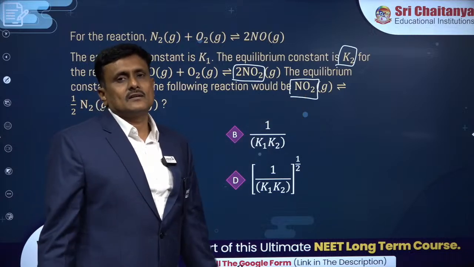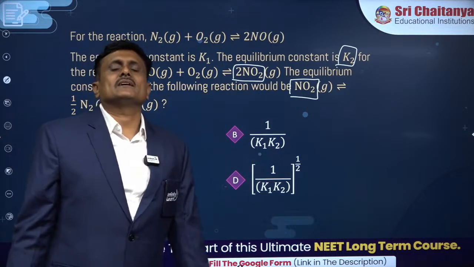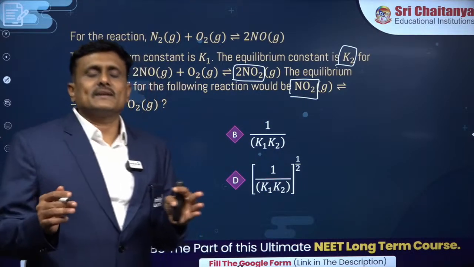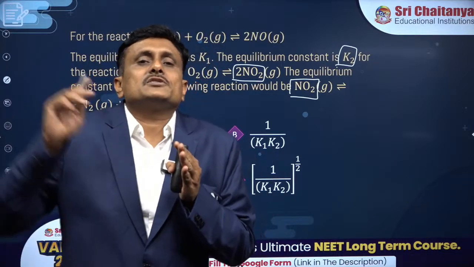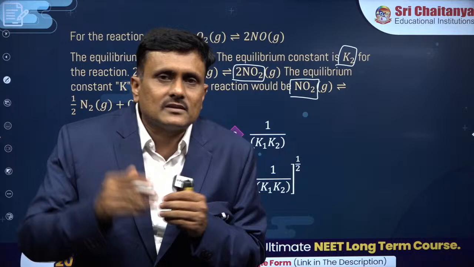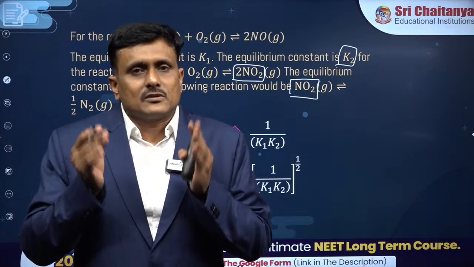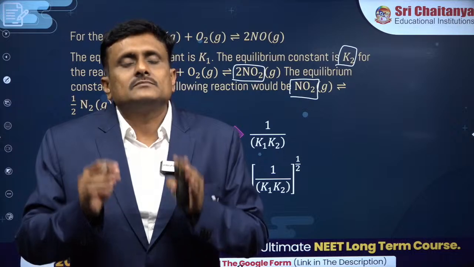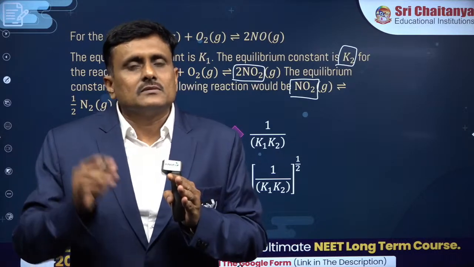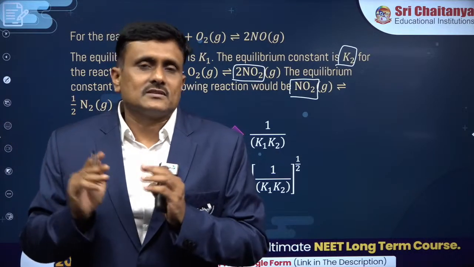You know that whenever you are multiplying any equilibrium by any factor, that factor will become the power of the equilibrium constant.